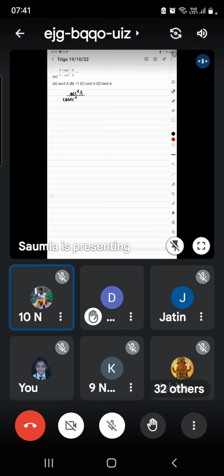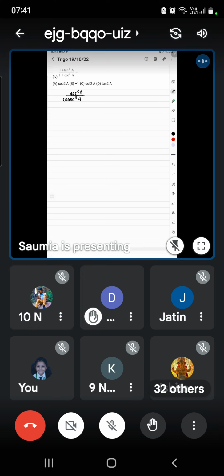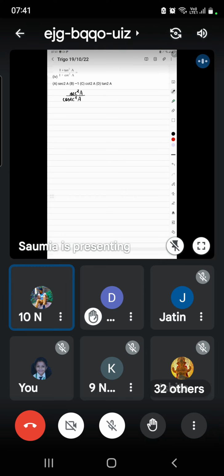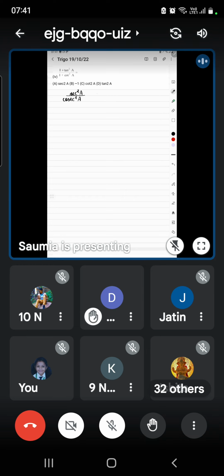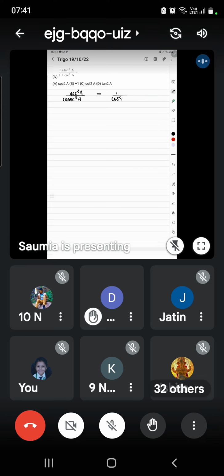Cosec square. But is any of these there in the options? No. So let us use what else we know. I can write sec square A as 1 upon cos square A, and I can write cosec square A as 1 upon sine square A. Correct?